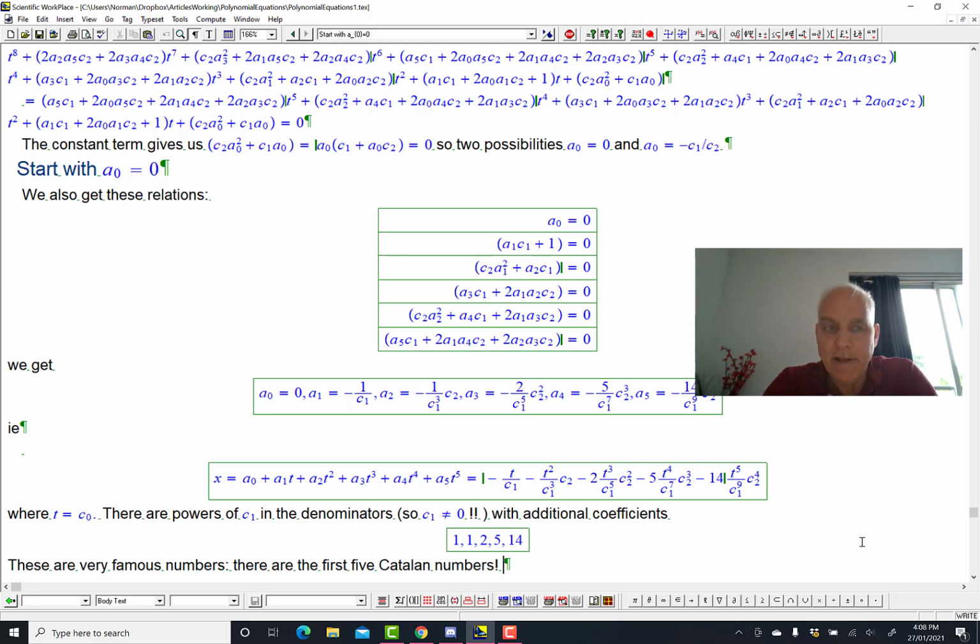And then there's going to be a corresponding other solution, in which the A0 will have to be replaced with this more complicated minus C1 over C2. Okay, but I think we can already see here that we're getting somewhere, right? We're making some progress. We're seeing the Catalan numbers fall out.